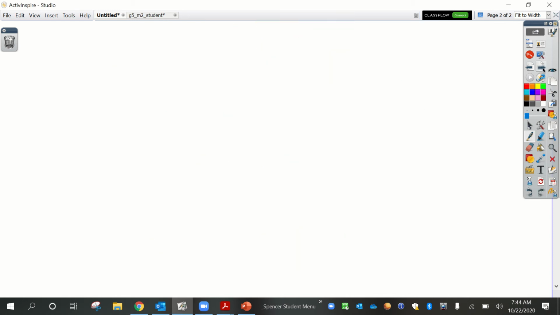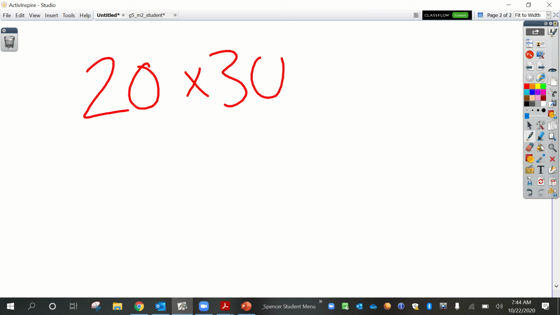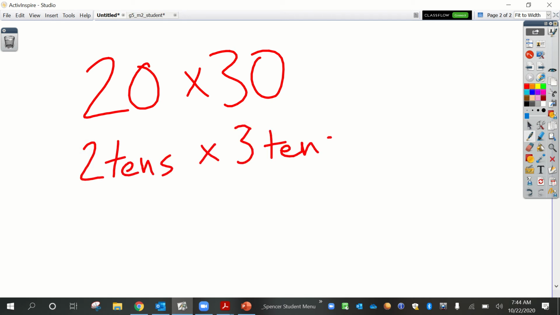So if we quickly think about these lessons, what if we did 20 times 30? Well, we could convert it to unit form, and we can do 2 times 3, which is what? 6. Now, let's think about the unit, because we're still doing tens times 10.